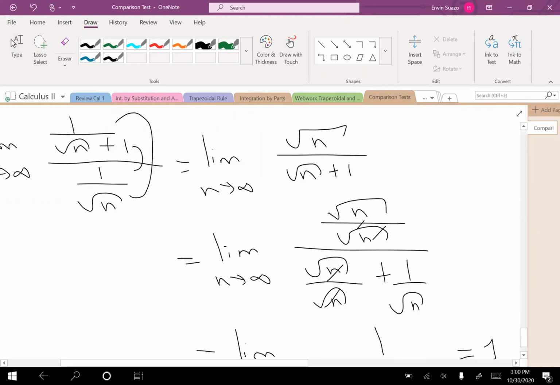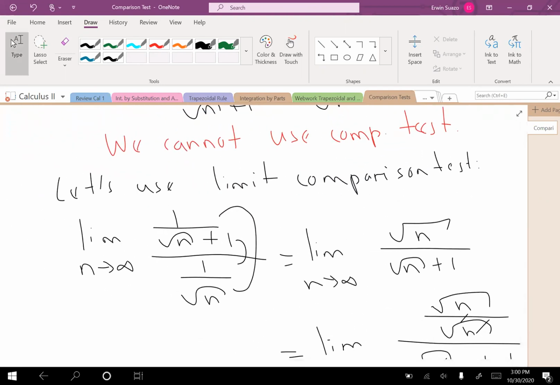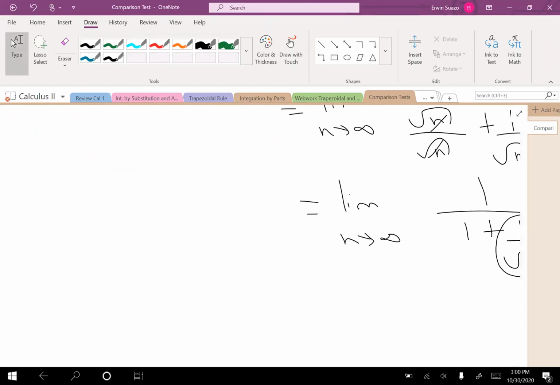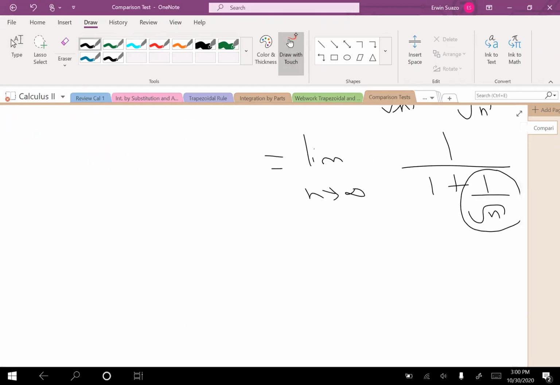Therefore, by the limit comparison test, both series converge or both series diverge. Let me write it down.